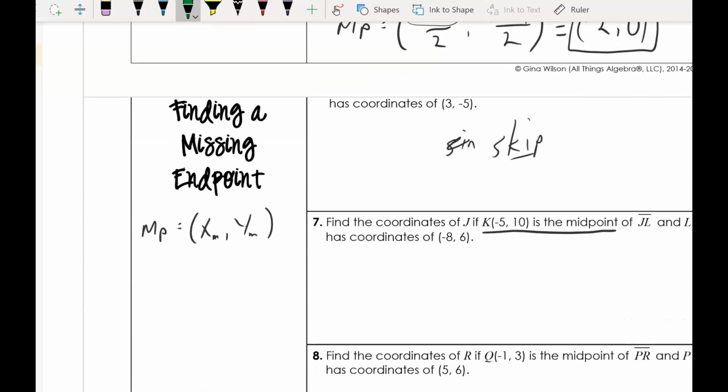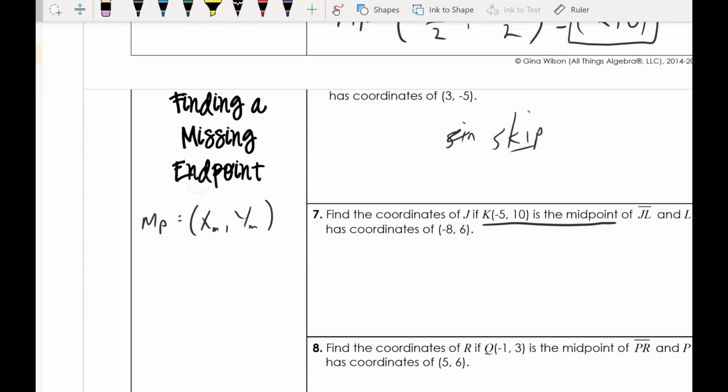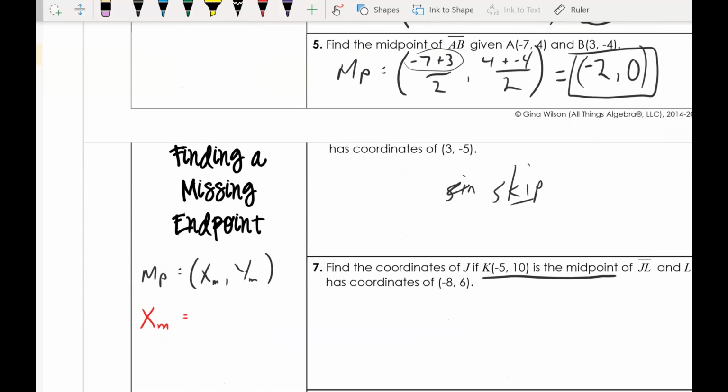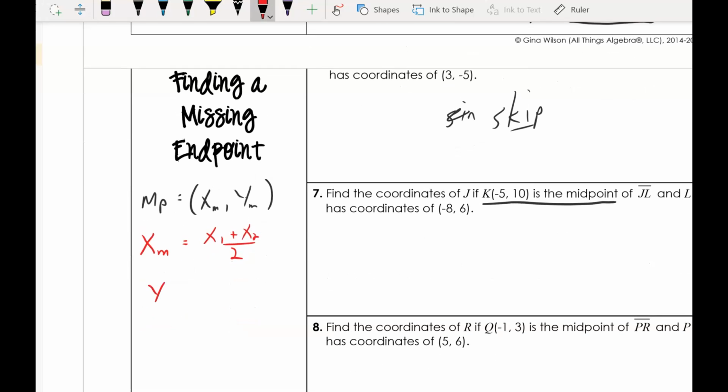So we have the red equation, x sub m is equal to x1 plus x2 over 2. And the other part would be y of the midpoint is equal to y1 plus y2 over 2.